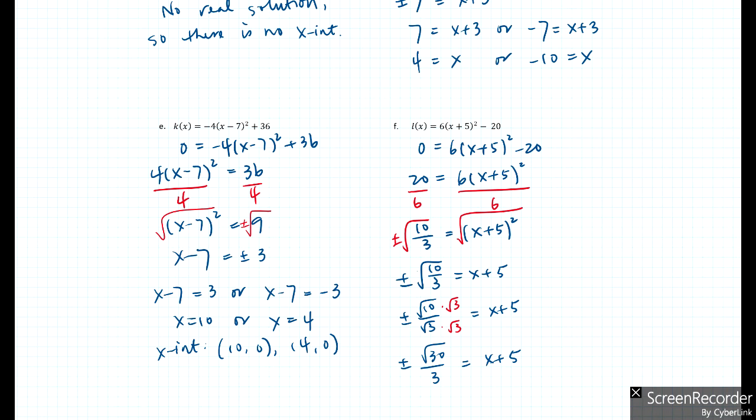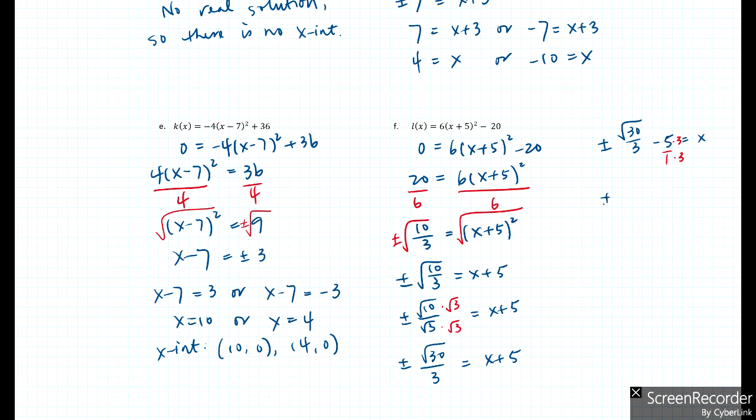And to get x, we can subtract 5 on both sides and get plus or minus square root of 30 over 3 minus 5 is equal to x. If you want to combine the two terms, you can set 5 to be equal to 5 over 1 and then set the common denominator by multiplying 3 on both sides.